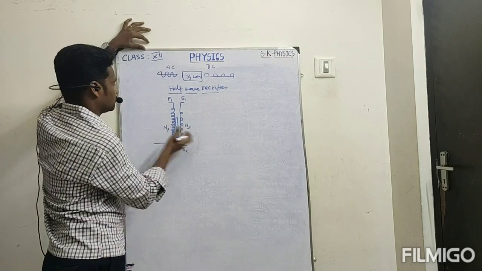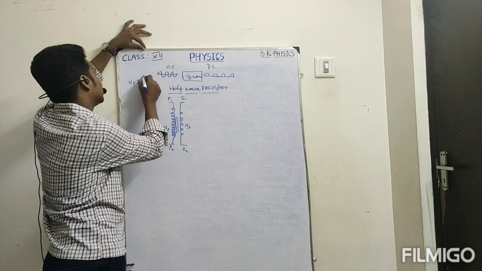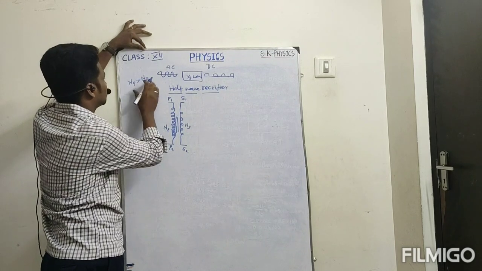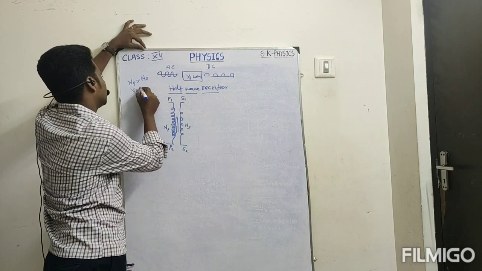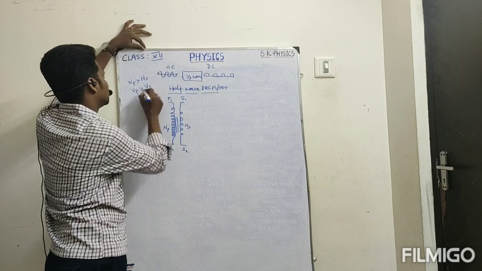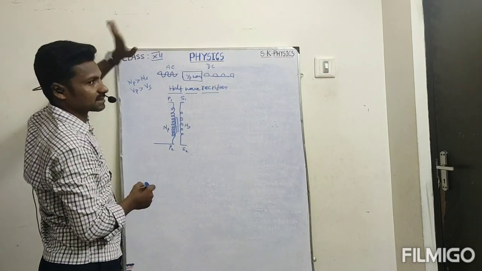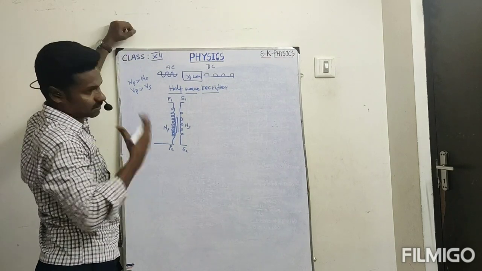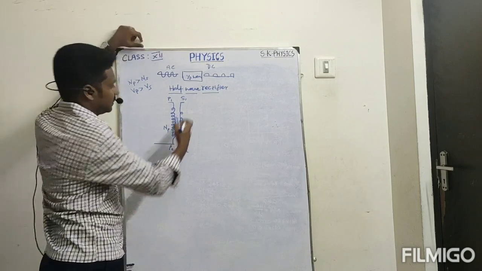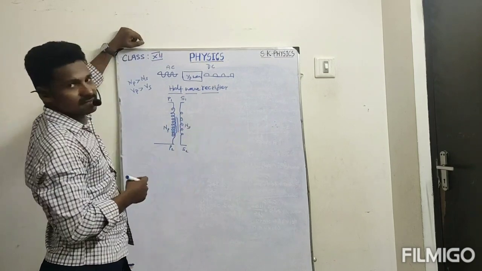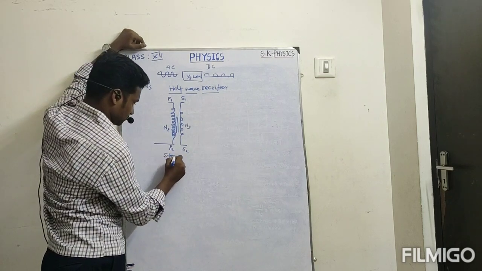If you observe, the number of turns in the primary is greater than the number of turns in the secondary, that means the voltage in the primary is greater than the voltage in the secondary. The number of turns and the voltage correspond: if the number of turns is more, voltage is also more; if the number of turns is less, voltage is also less. So this is surely a step down transformer.